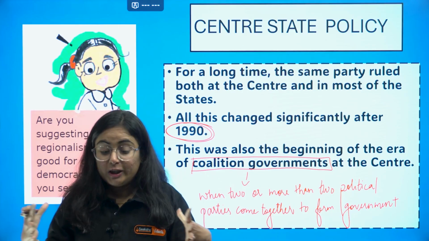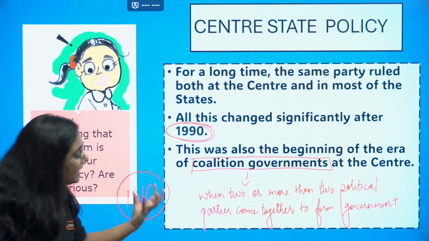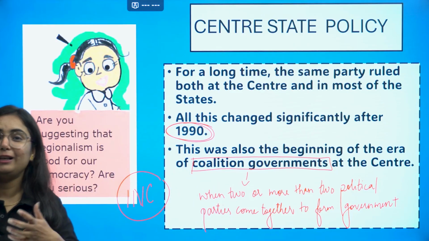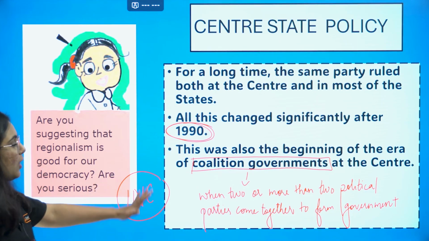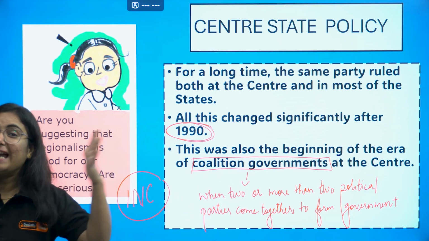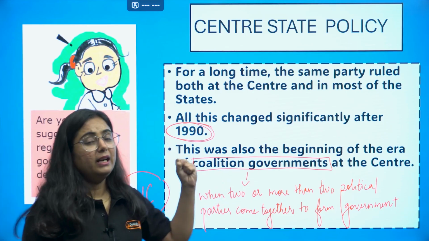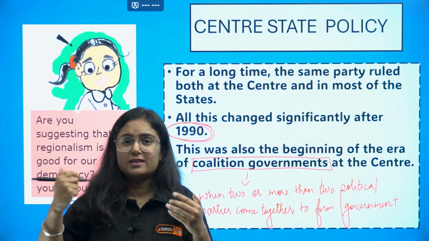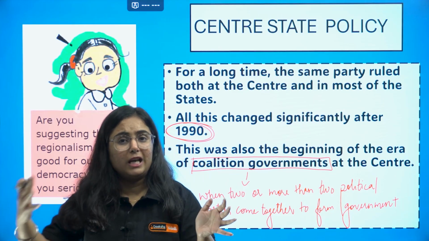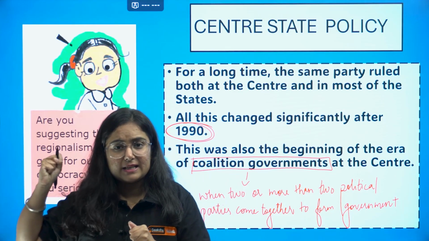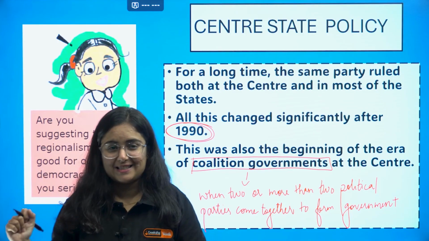Yes. So you came together for that gift. Here political parties are coming together, and the gift is the government. Getting my point? So when two or more political parties come together to form a government, it is known as coalition government, and we have seen many coalitions since, like the NDA, National Democratic Alliance, and the UPA, United Progressive Alliance, my bad.